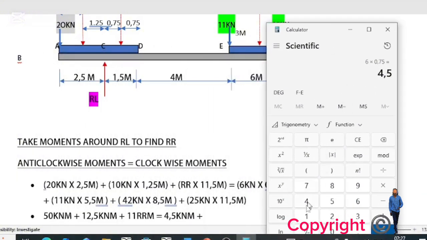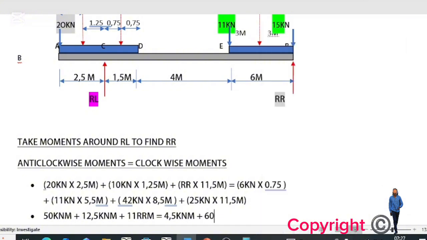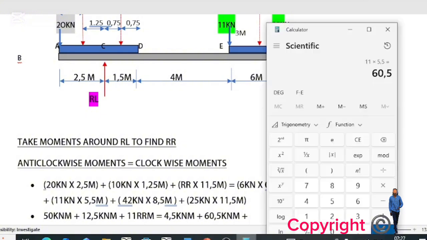Let me say 11 multiplied by 5,5. Answer 60,5 kilonewton meter. Then plus 60,5.